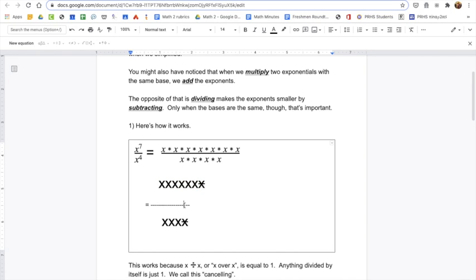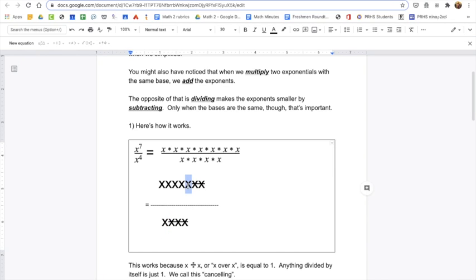So, can you see how we divided or canceled an x on the top and an x on the bottom? But there's more x's. I've got an x on the bottom here, and if I divide the top and the bottom by x, divide x by itself, those are gone.